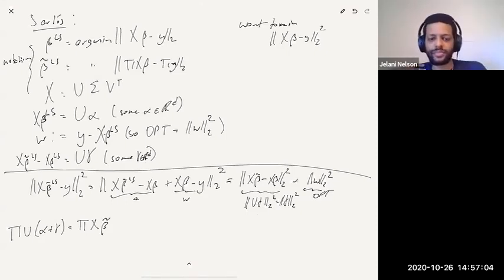Now, what do I know about x beta tilde? Remember, beta tilde is the optimal solution to the sketched version.